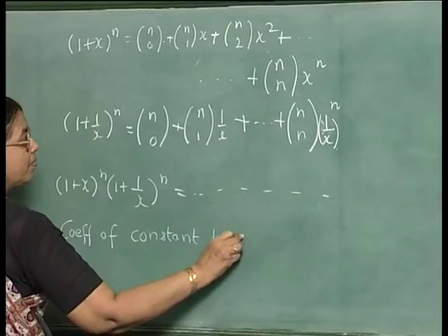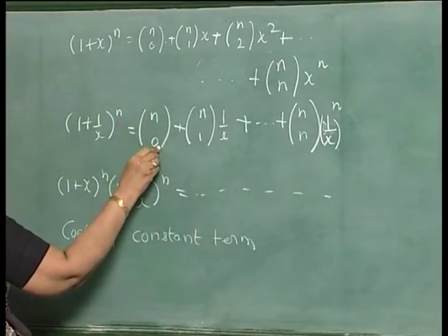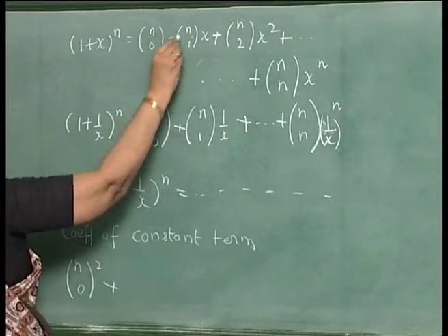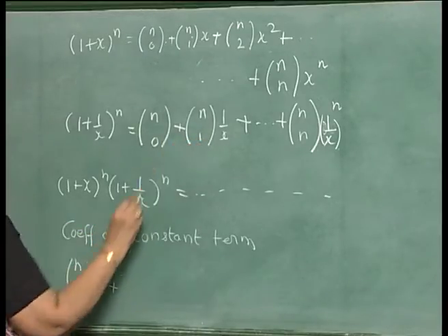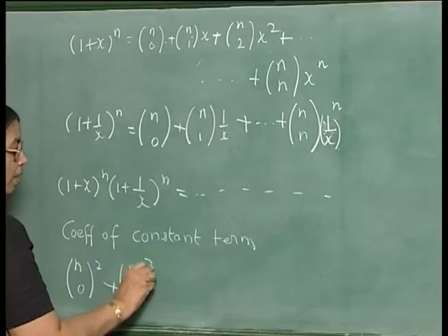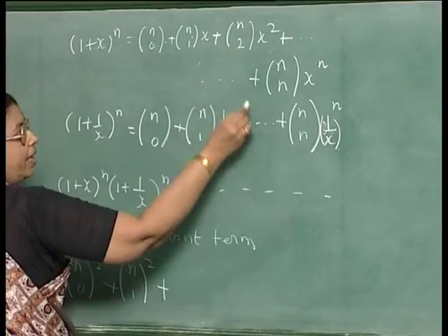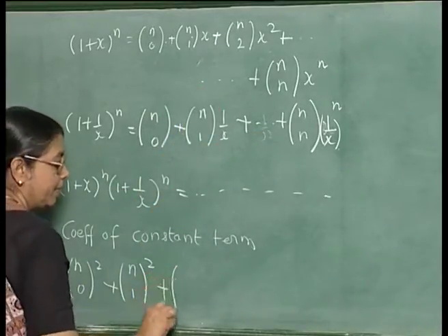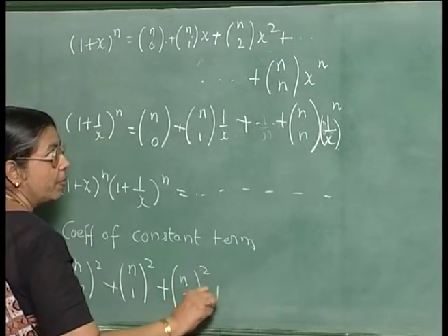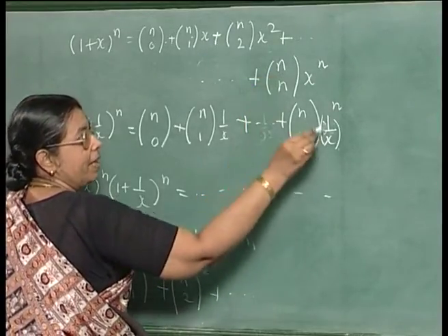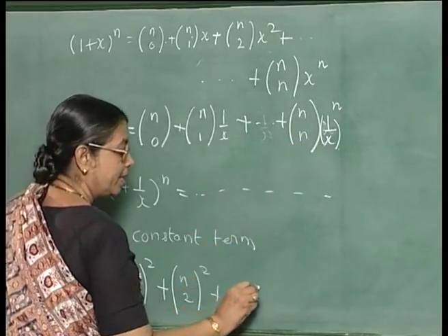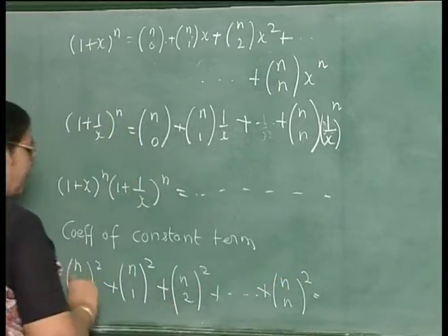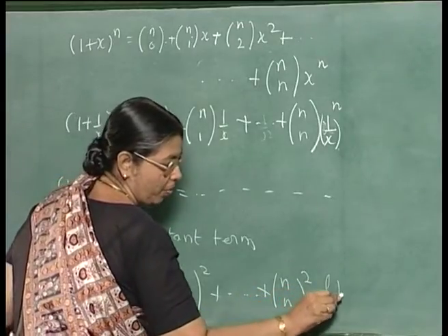This and this will give you a constant term, that is nC0 the whole squared, and this when you multiply with this will give you a constant term, that is nC1 the whole squared. This and the coefficient of 1 by x squared will give you a constant term. So, that is nC2 squared and so on. And lastly, when you multiply this by this, you get a constant term, and that is nCn squared. Thus, you get the left hand side of the expression which we want to prove.